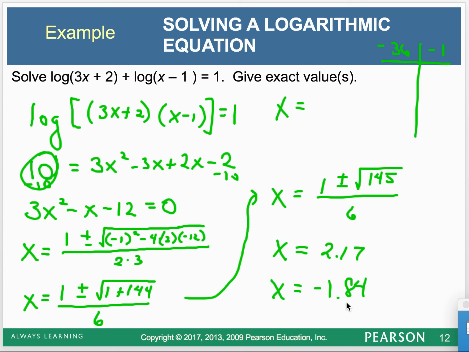I'm thinking we're going to have a problem with this, and it's what they wanted us to see, but I don't know. Let's see. Let's plug that in. Negative 1.8 plus 2.